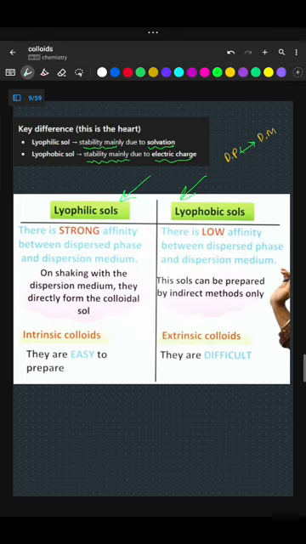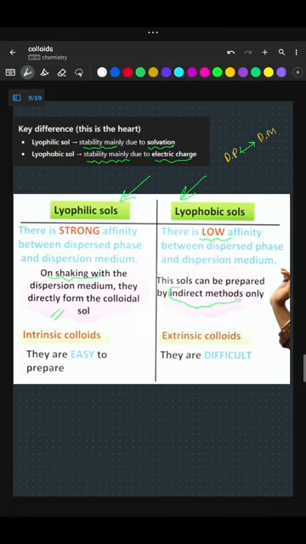First, there is a strong affinity between the dispersed phase and the dispersion medium in lyophilic solution, but in lyophobic solution it is very low. On shaking, you get a colloidal solution from lyophilic, but these sols can be prepared only by indirect methods.